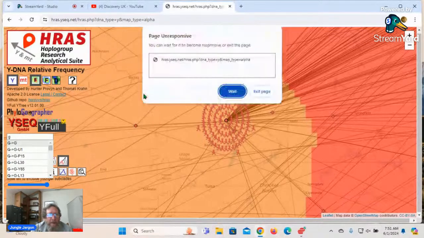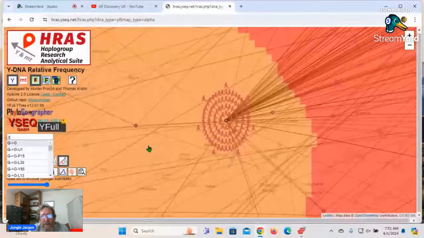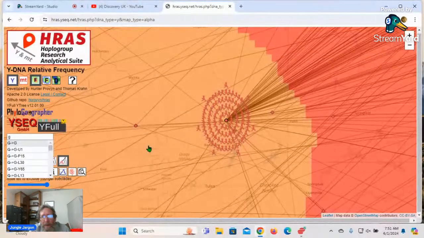the other haplogroup would be the T haplogroup of the descendants of Javan, which would be Elisha, Dodanim, Kittim, and Tubal, and Tarshish, I mean.